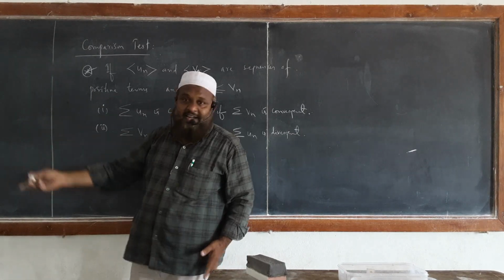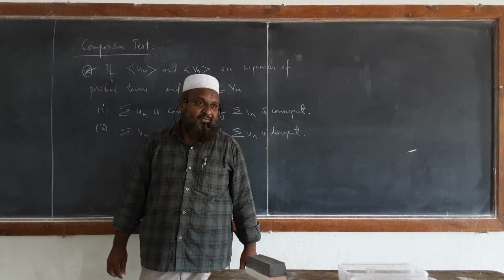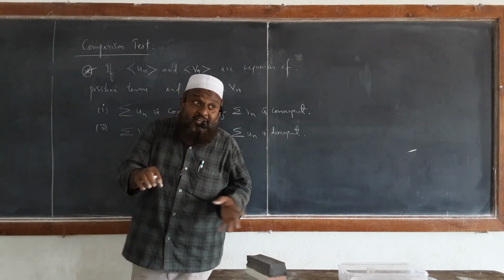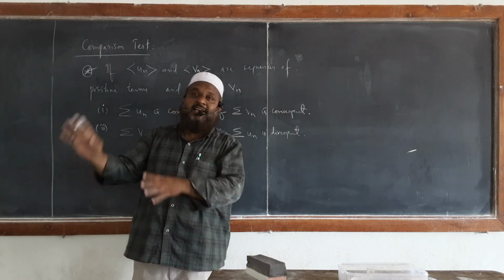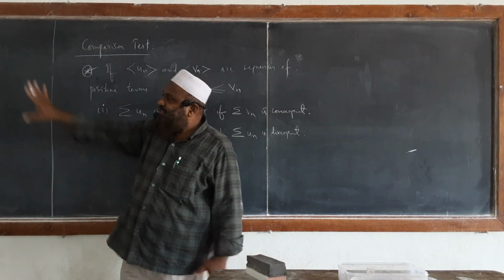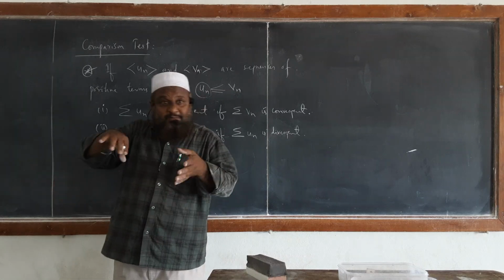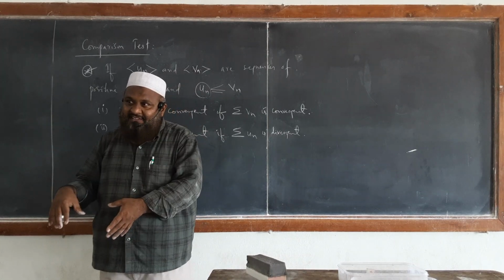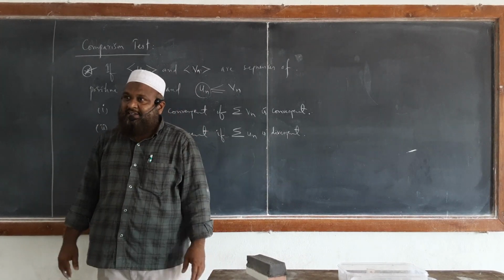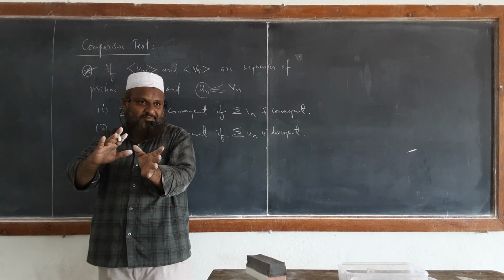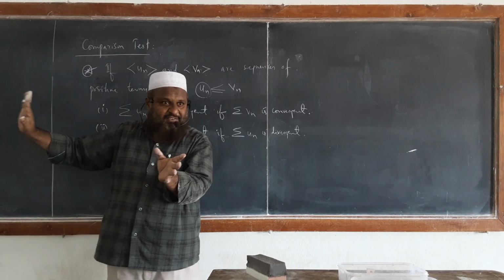Suppose the door is 6 feet, and you brought an almirah of 6.5 feet, that is not going out.